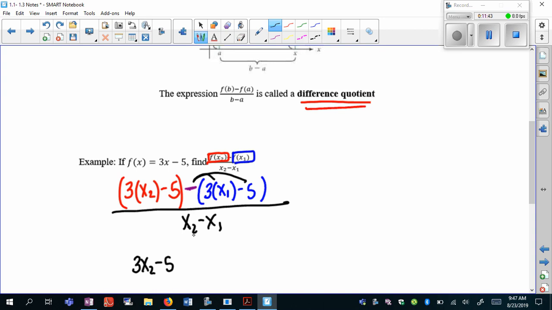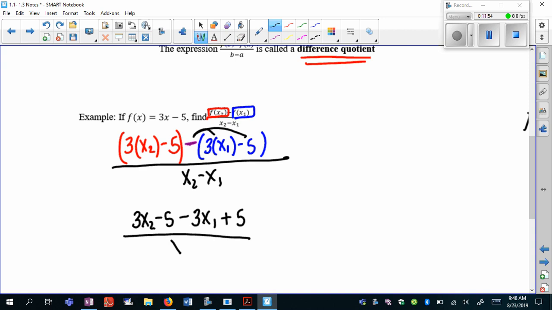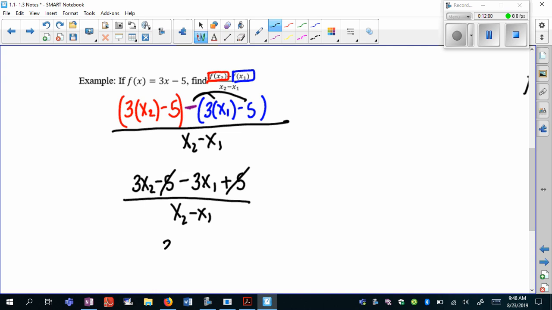So I can drop those parentheses, minus 3x sub 1 plus 5, all over x2 minus x1. Now we see that these 5's cancel. So I have 3x2 minus 3x1 all over x2 minus x1.